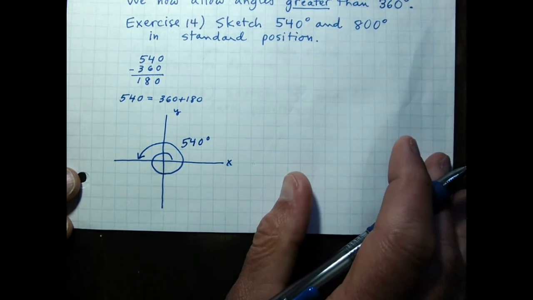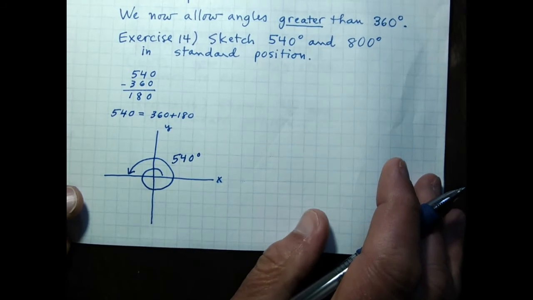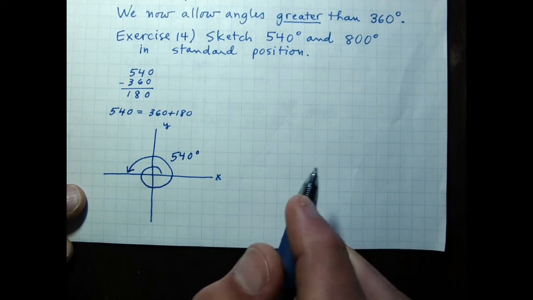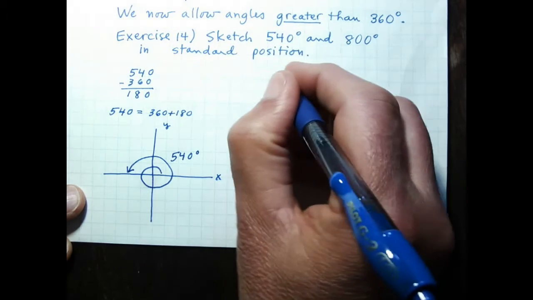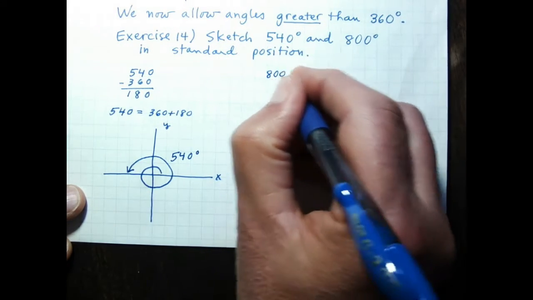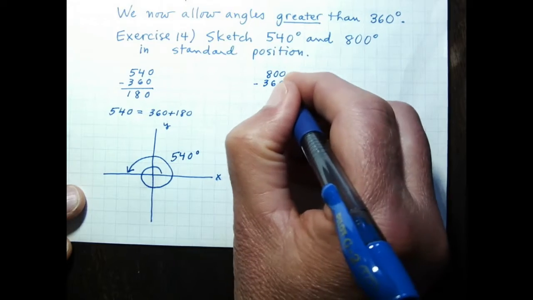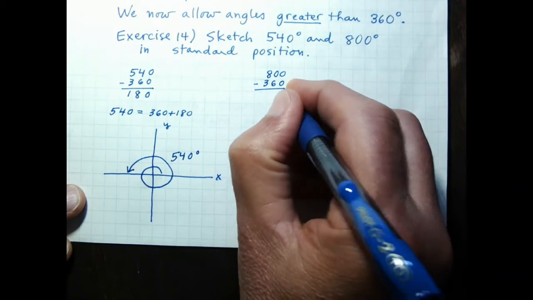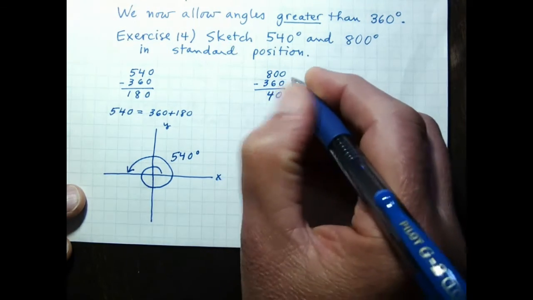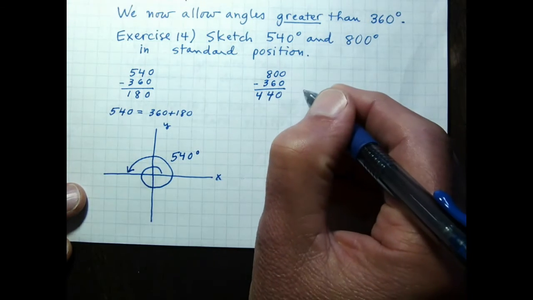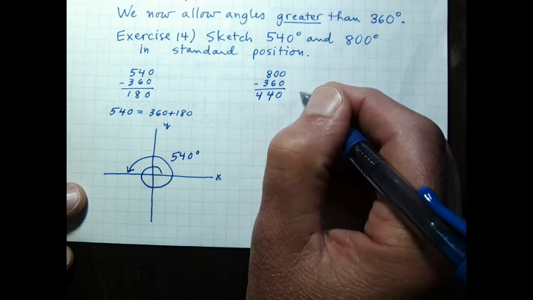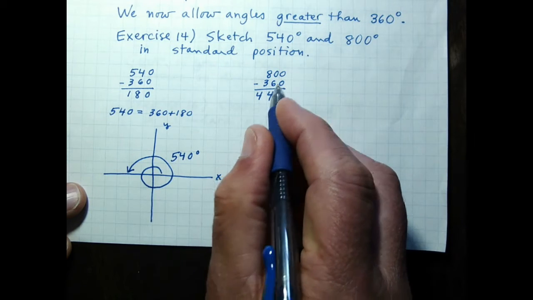Now, I don't want to give you some sort of formula for these. I just don't think a formula is worth it. I think you just want to figure them out. So for instance, 800 degrees, we're going to do the same type of thing. Let's just subtract 360. Is that 440, correct? And now notice I subtracted 360.